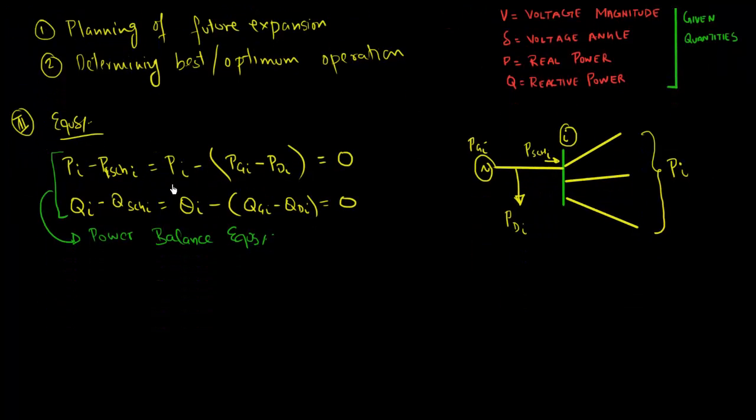How do we represent P of I and Q of I mathematically? Let's look at that now.